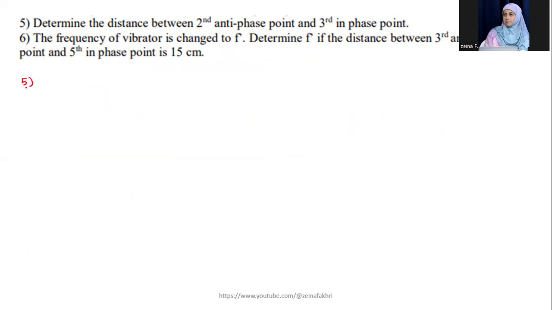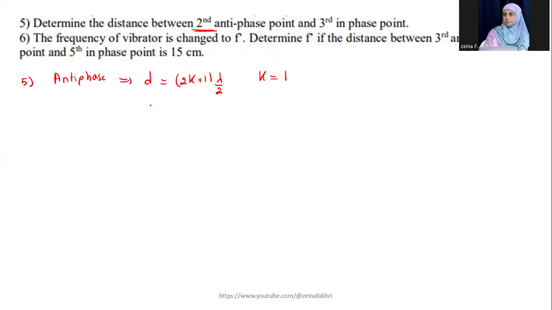So part 5. In order to find the distance of the second point in antiphase, which means that the distance is equal to (2k plus 1) lambda over 2. When I say second in the case of antiphase, this corresponds to k equals 1, since we know that the first is k equals 0.